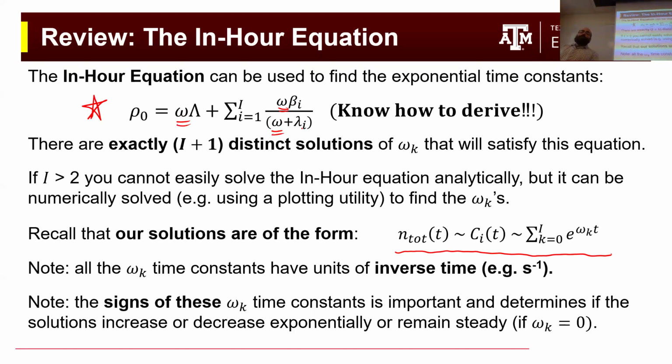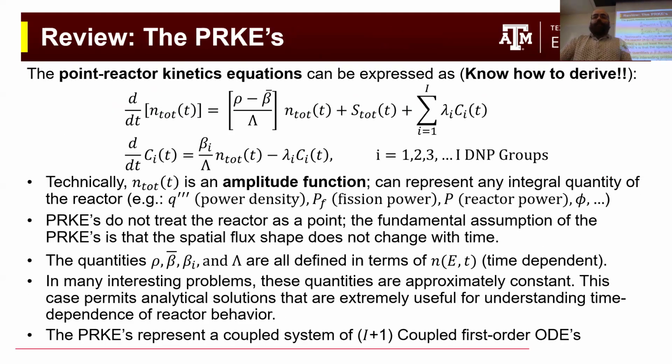Whenever you solve the n-hour equation, there are just as many time constants as there are exponential solutions in your functions. The functional form for each solution is a sum of exponentials. There are I plus one exponentials corresponding to the number of equations that we're starting with. In the point reactor kinetics equations, there's one equation for the neutron density and I equations for the precursor density.